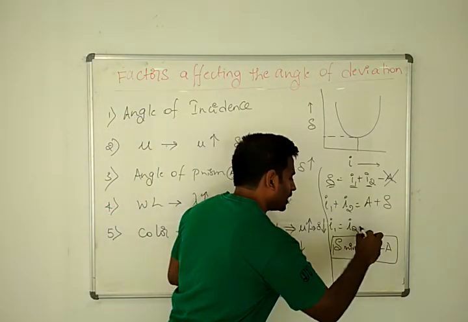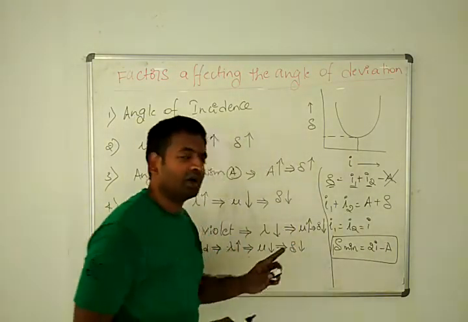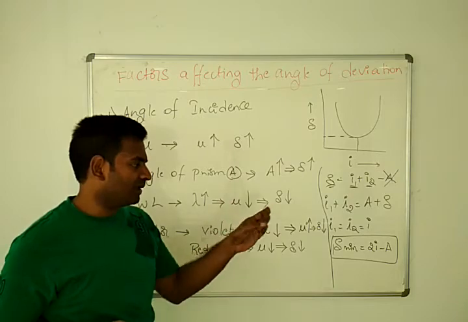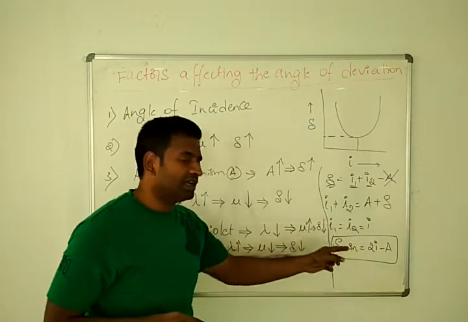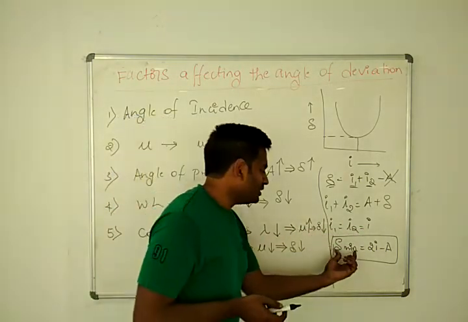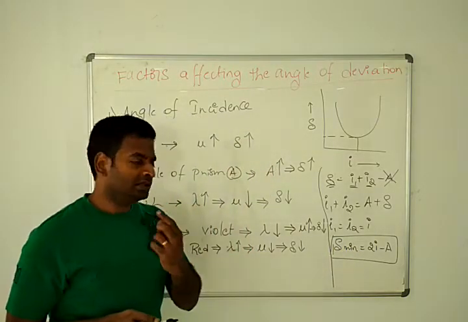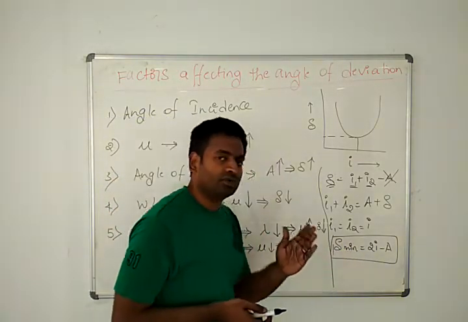I1 is equal to I2, and because both of them are the same, I will call that I. That is when I will realize the minimum deviation between the incident ray and the emergent ray.